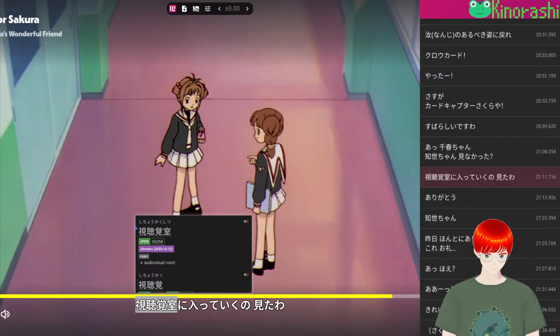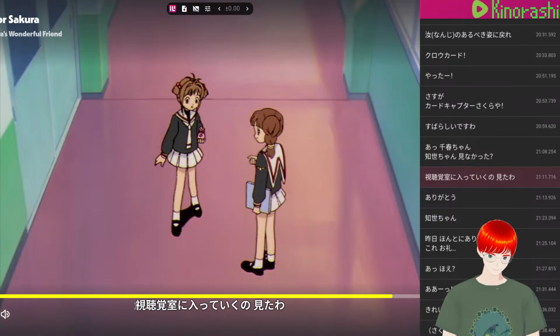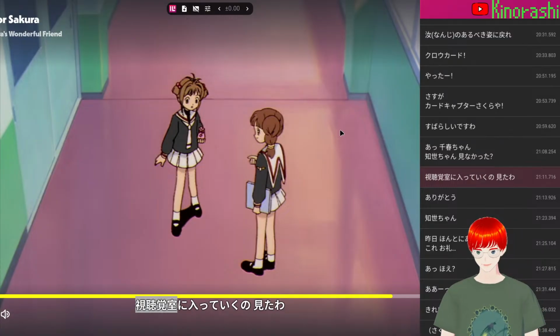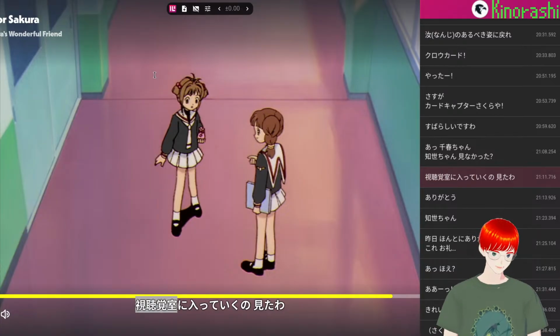The Shicho Kakushitsu, audiovisual room. I should figure out what kanji that is from. Shicho Kakushitsu. Let's see. Shicho Kaku, senses of seeing and hearing, audiovisual. Shicho, looking and listening. So first kanji has to do with looking, second with hearing.